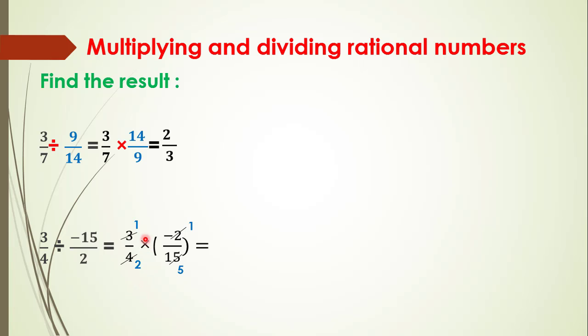So now I have 1 with the negative sign over 10. So the result will be negative 1 over 10. So don't forget, if you divide rational numbers, the first as it is, change divide into multiply and take the reciprocal. Then multiply and simplify as usual.